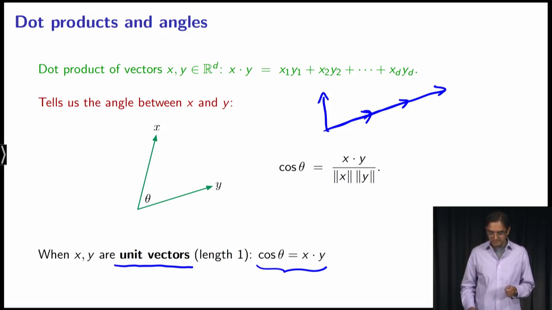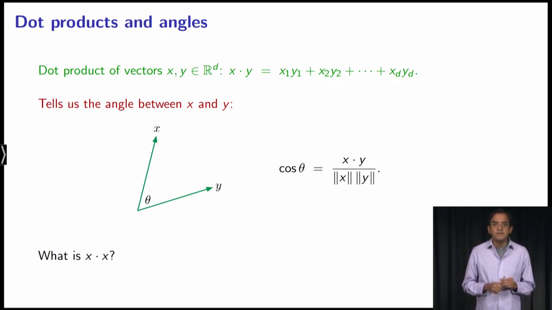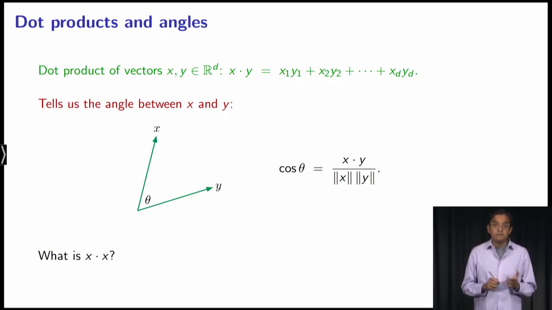Okay. So one last thing that I want to look at in terms of dot products and angles is the following question. What is x dot producted with itself? What is the dot product of a d-dimensional vector x with itself? So let's do this two different ways. We can do it by just plugging into the formula above.